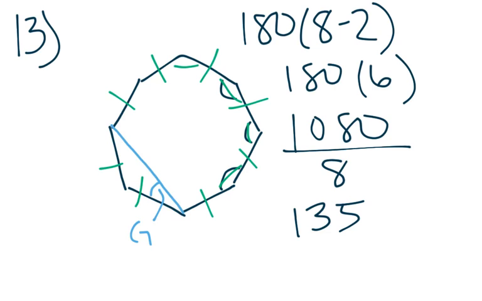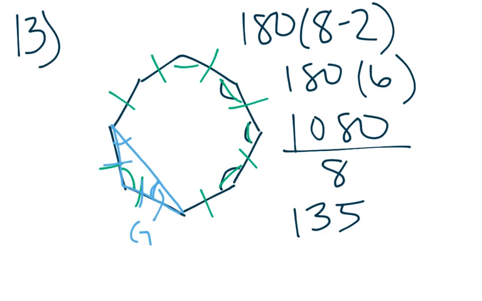If we look at this, we have a triangle. And remember, since this is a regular polygon, all of the sides are the same, which means we have an isosceles triangle, so the two angles at the base of the equal sides are also going to be equal. If you have two equal sides, you also have two equal angles.